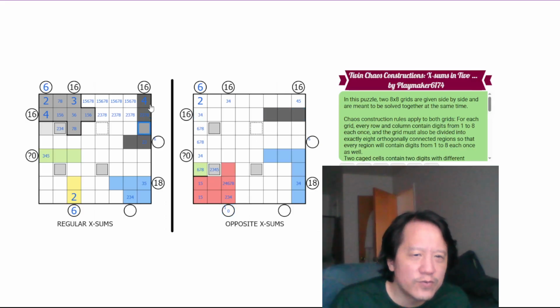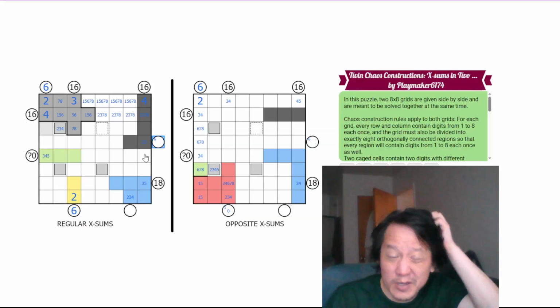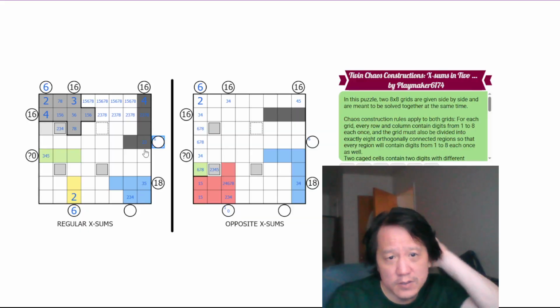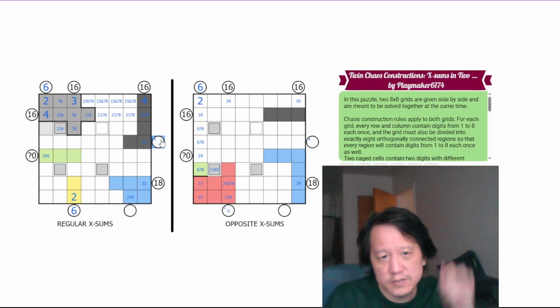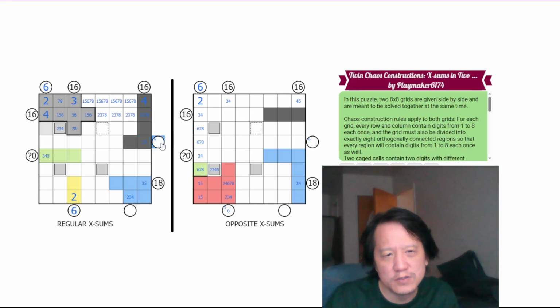Okay, we have 3 or 4 here. This is part of the same region. We have 2 or 3 here. So this is at minimum 6 still. It can't even be 6 though. That would be 2 and 4. So it could be 3, 2, 1.